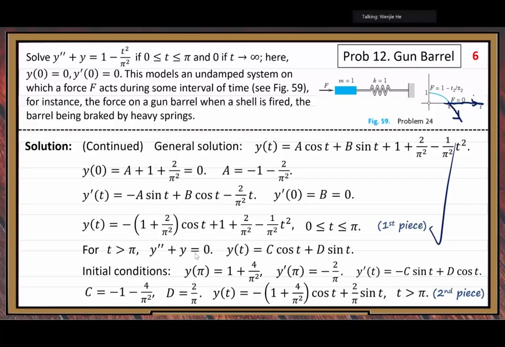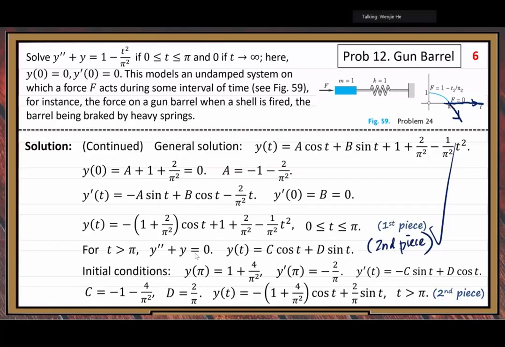Why can we use the value of the first piece as the initial value of the second piece? Obviously, we use the y of pi from the first piece as the initial value for the second piece.